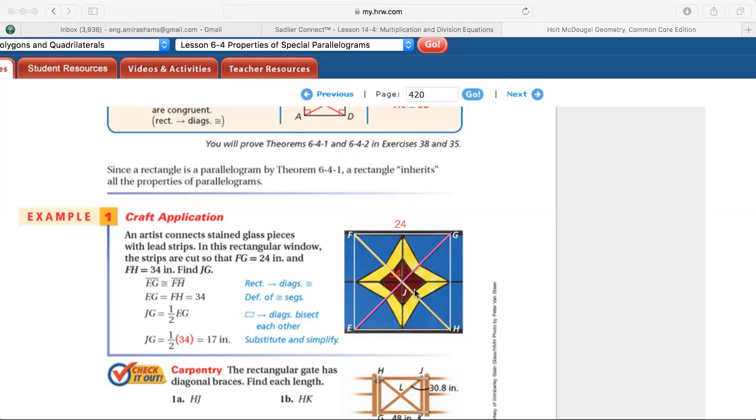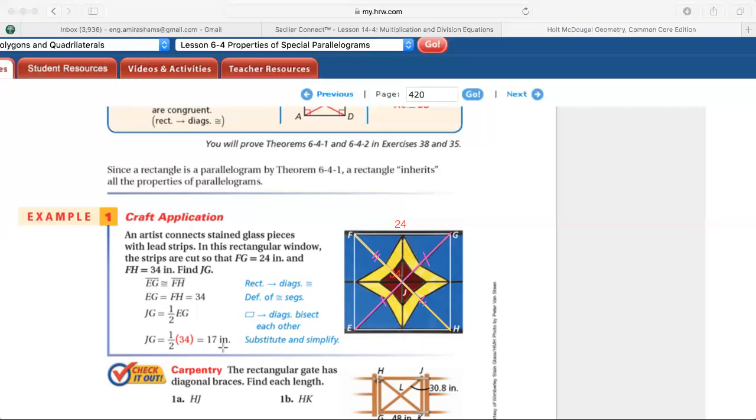Bisect each other, that this one is equal to this one, and this one is equal to this one. So since EG is 34 and the diagonals bisect each other, 34 is divided by 2 because it is divided into 2 equal parts. So 34 divided by 2 is equal to 17. So JG is equal to 17.